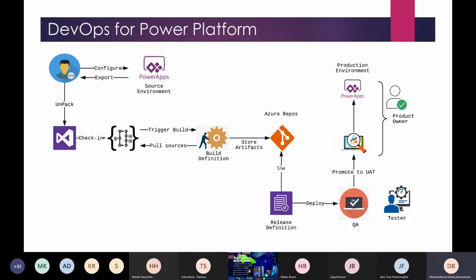Then you can pack your solution with the unpacked files. You can exclude the unwanted changes and check in only the necessary components, and with the necessary components, using the solution packager, you can pack those components into a solution that can be deployed into the destination environment. So that is how we are going to see today.